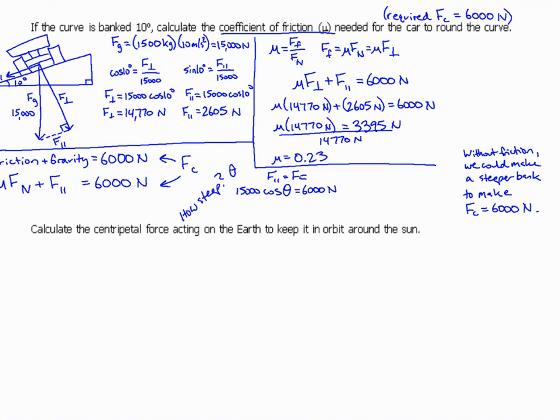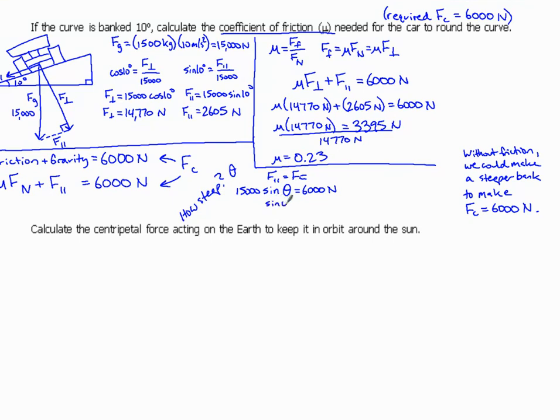We better check our work here. Look back over here. We had the sine of 10 degrees equals the force parallel over 15,000. And then we wrote cosine. Go back and make sure that yours says sine. And that's going to change it here too. It's a late mistake. 15,000 times the sine of theta equals 6,000 newtons.